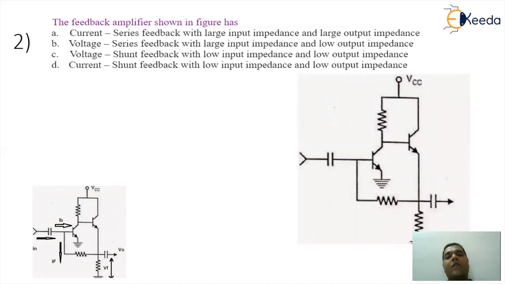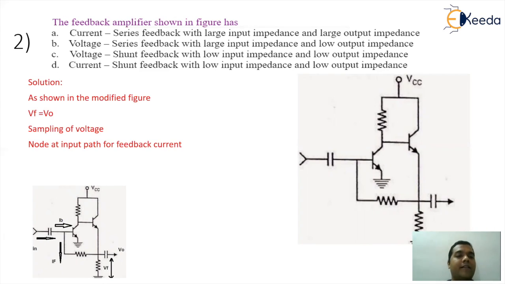So from this entire logic, we came to an understanding that we are having voltage sampling and shunt mixing. So with that concept, I can easily say that this is basically a voltage shunt feedback amplifier circuitry. So the correct answer for this question is option C, voltage shunt feedback with low input impedance and low output impedance.